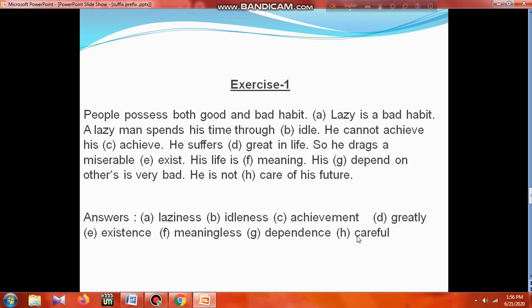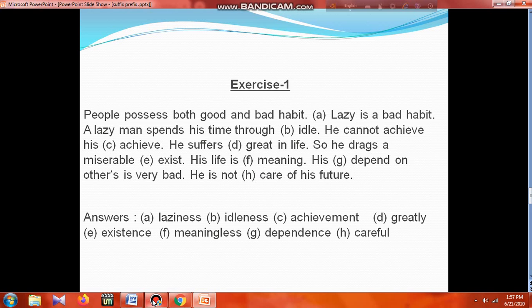So these are the exercise answers regarding suffix and prefix. So -ness is a suffix, -ment is a suffix, -ly in greatly is a suffix, existence, meaningless, dependence, careful. So everything here got suffixes.